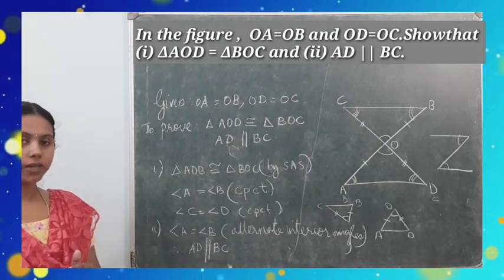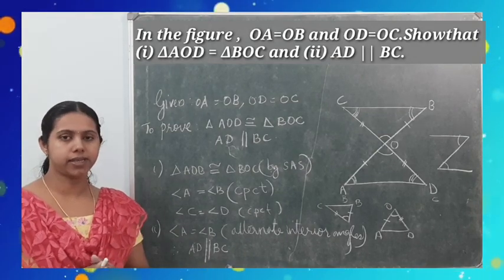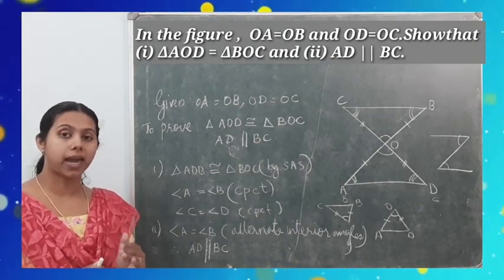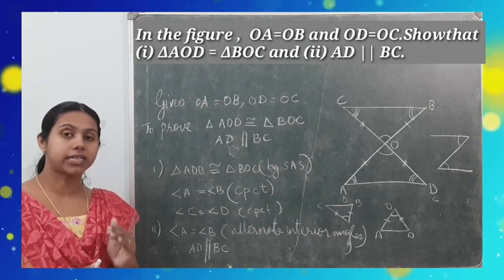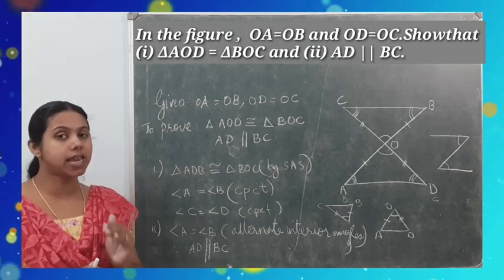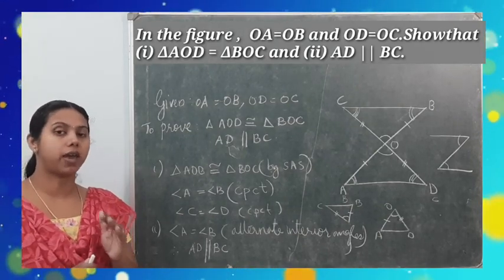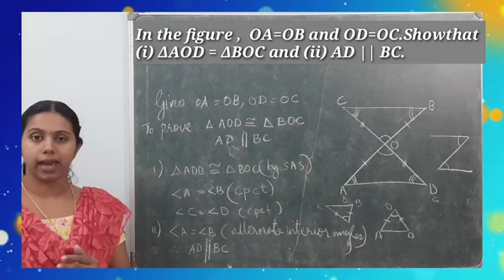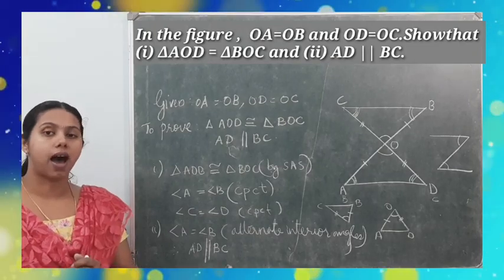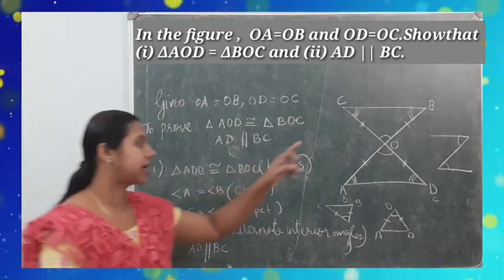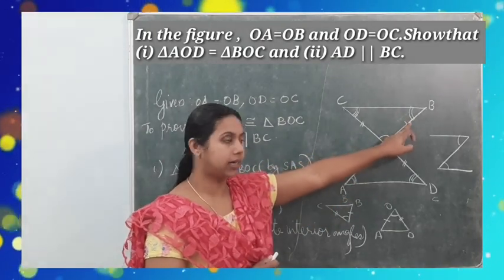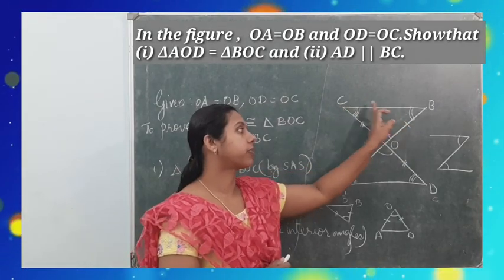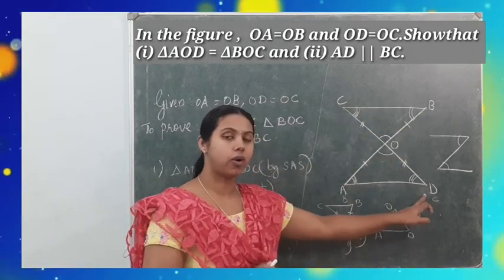If a transversal cuts two lines such that a pair of alternate interior angles is equal, then the two lines are parallel. Here angle A equals angle B. Therefore, BC is parallel to AD.